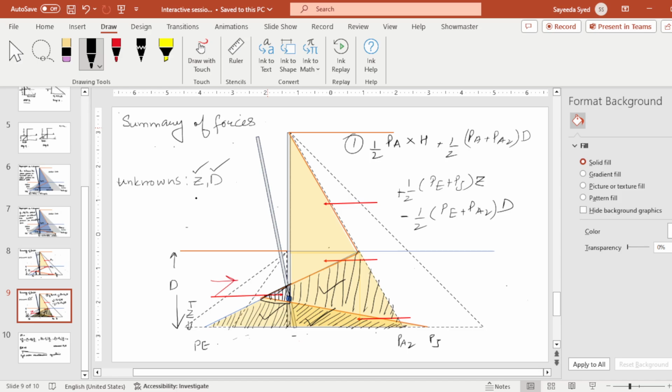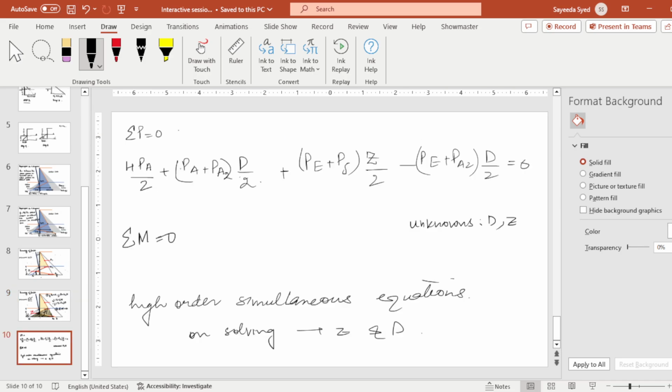They are higher order, and on solving we will get Z and D. Okay, so now let us move on to trying to solve a question based on this problem. But we will use a simplified method as opposed to this lengthy method.